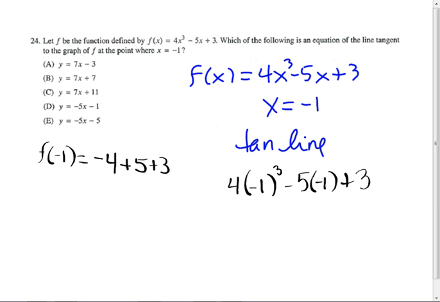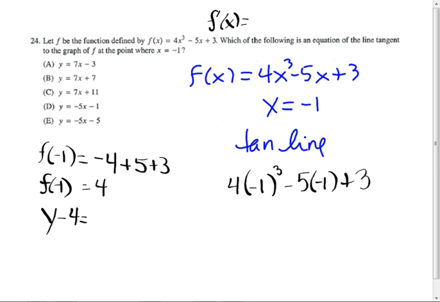Well, I don't know what the answer is. Oh, wait. Yeah. I'm just showing my work. So there's your ordered pair. So what's the equation look like? y minus 4 equals my slope. Oh, how am I going to find my slope? The derivative. So a lot of places to make mistakes.